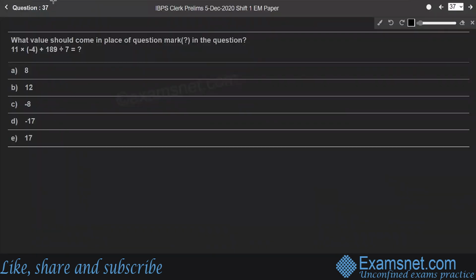Question 37. What value should come in place of question mark in the question? So the question is 11 into minus 4 plus 189 divided by 7 is equal to. So here according to the BODMAS rule: brackets, of, division, multiplication, addition and subtraction. So the first operation must be that brackets should be removed, right? Then division, then multiplication.